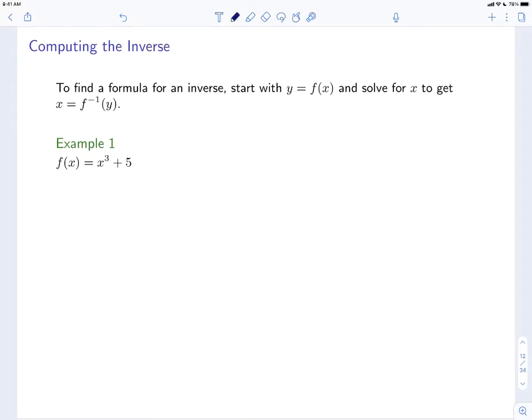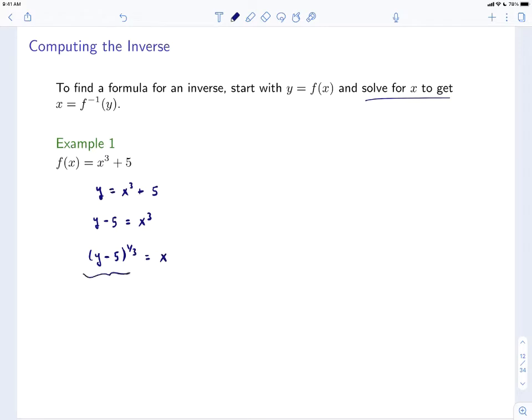So we start by writing y = x cubed plus 5. And basically we just want to solve for x. So the first thing we do is subtract 5 from both sides, and then we take the cube root. So (y minus 5) to the 1/3 is equal to x.